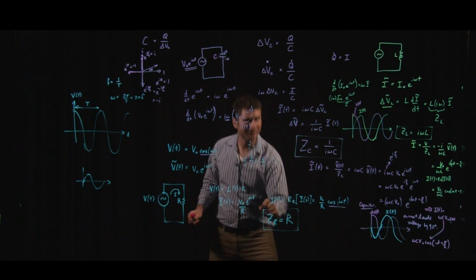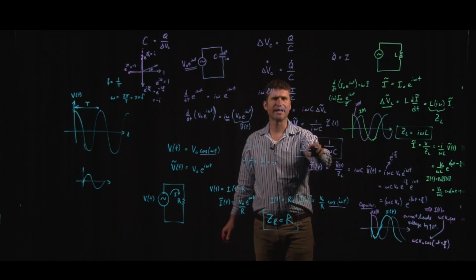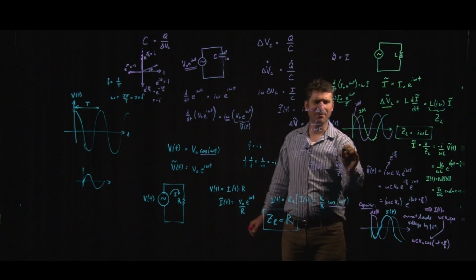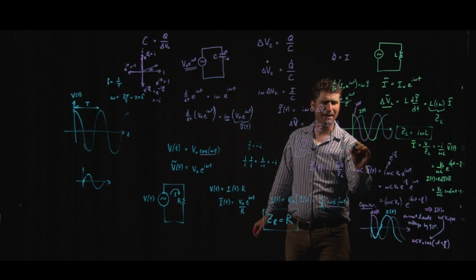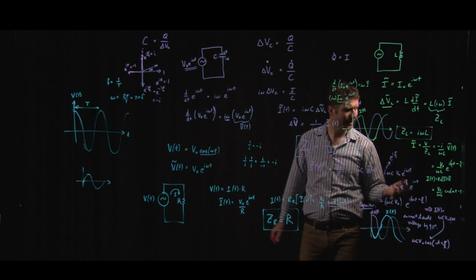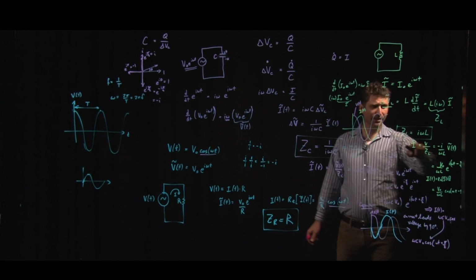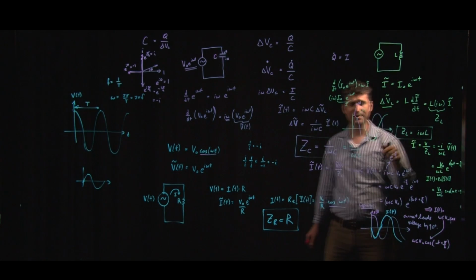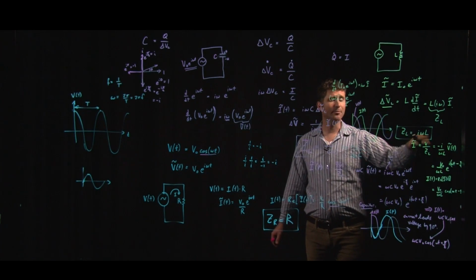So that's the most boring case. And then we derived that the complex impedance of a capacitor is 1 over i omega C, or equal to minus i over omega C, as you like. And the complex impedance of an inductor element is equal to i omega L.